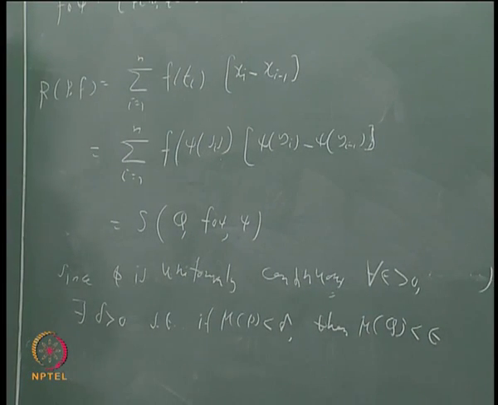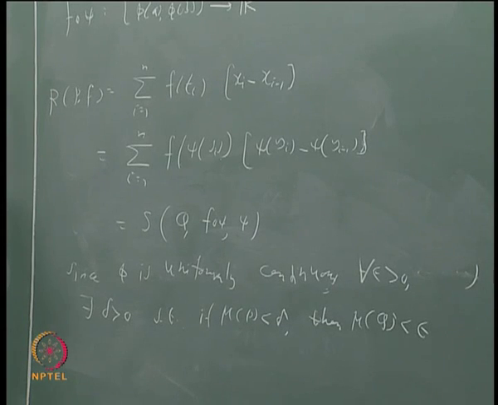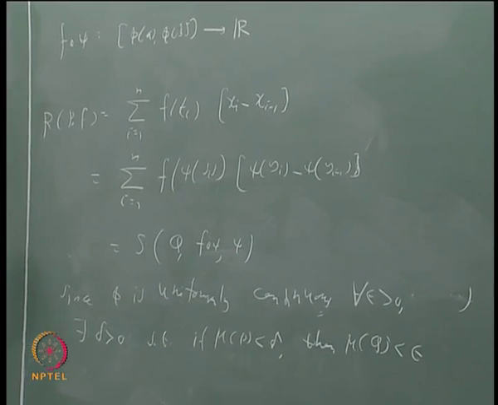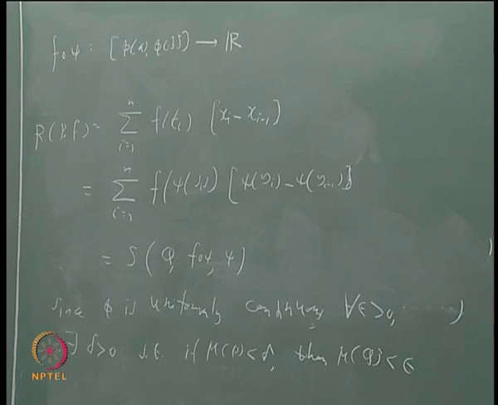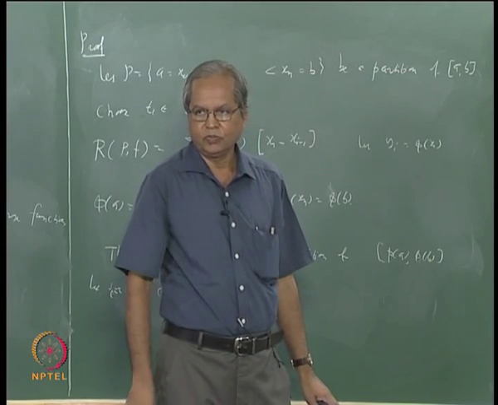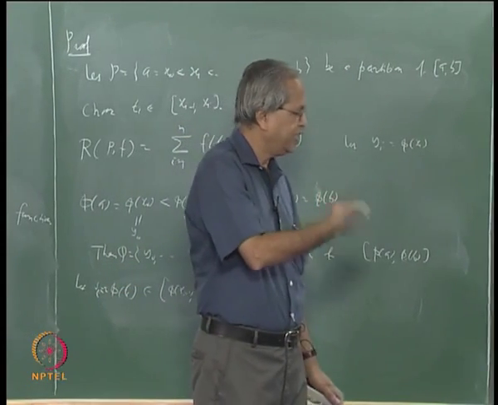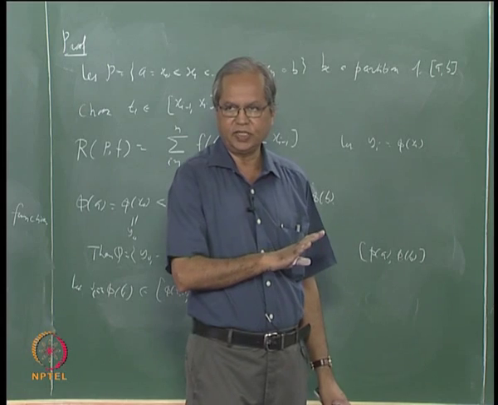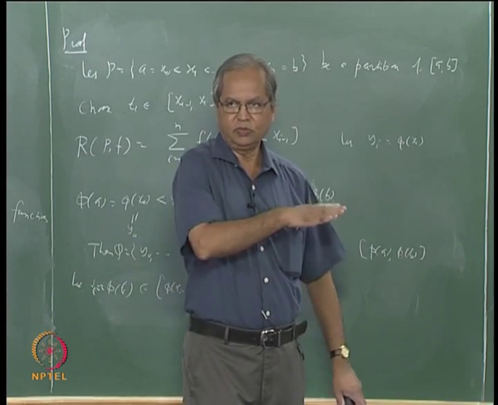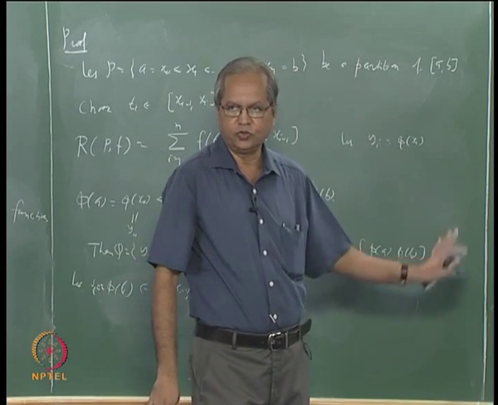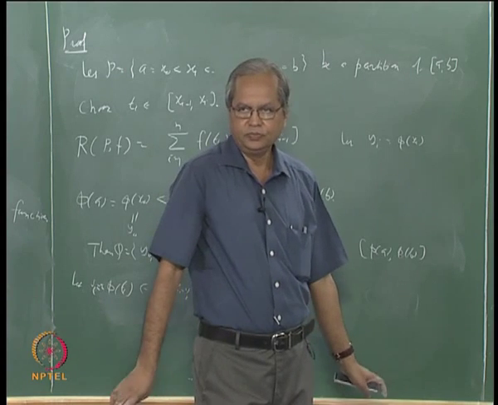Because the mesh of P being less than delta means that for each i, x_i minus x_{i-1} is less than delta, then phi(x_i) minus phi(x_{i-1}) must be less than epsilon. The maximum of those values is the mesh of Q, so the mesh of Q must be less than epsilon.